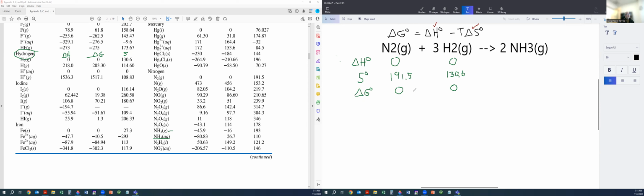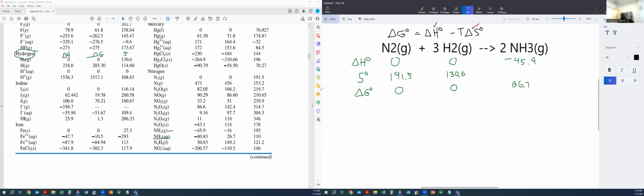So it's negative 45.9. And I got to have the right units also. Okay, delta G will be positive 26.7. And oh, wait, I see I did it again.